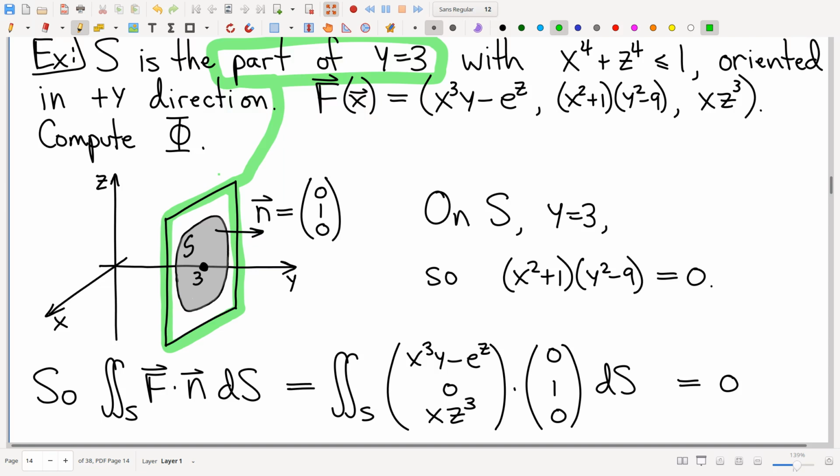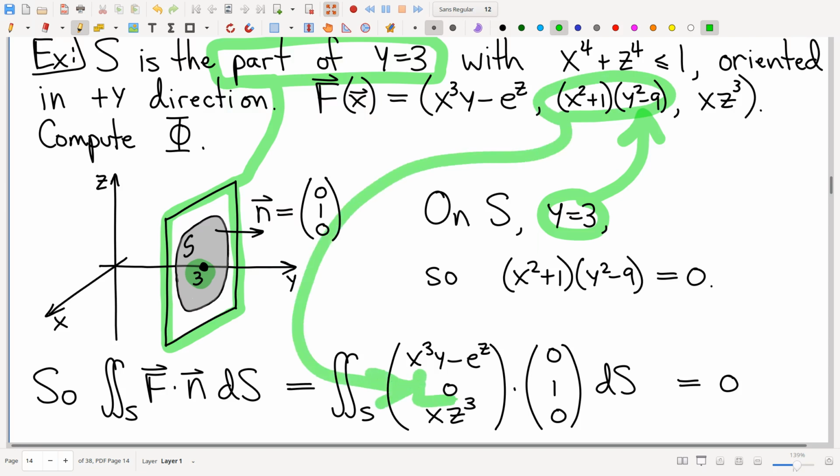And that comes with two benefits. For one thing, it means that for my entire surface, y is equal to 3, which means that for my entire surface, the second coordinate of the vector field is 0. And that just made some of the ugly disappear in the formula for my integral.